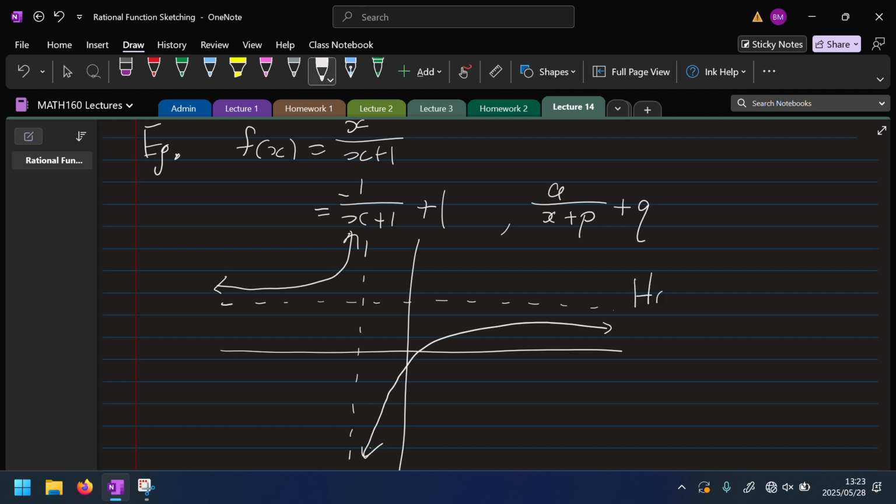So here for the horizontal asymptote, we see that occurs when we take the limit as x goes to plus or minus infinity. This will give us some y value, and that y value is the horizontal asymptote.